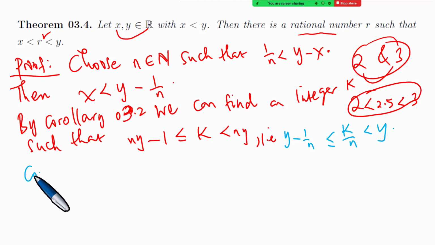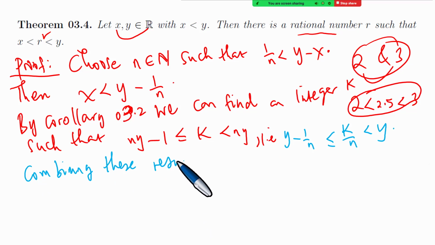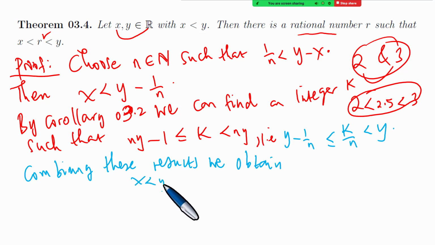Combining these results, we obtain x less than y minus 1 over n, which is less than or equal to k over n, which is less than y.